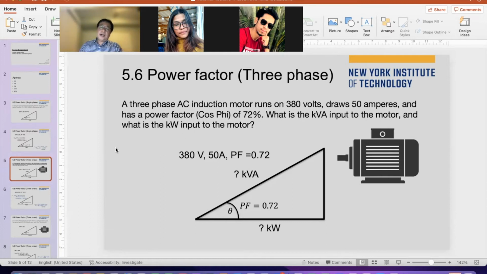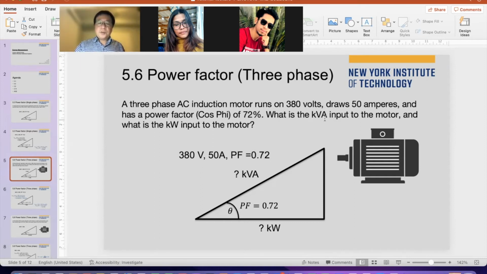Now what we know is the apparent power: 380 volts, drawing 50 amps. With the voltage and current, we can calculate the power. But what we need to calculate, that is why the unit is so important.